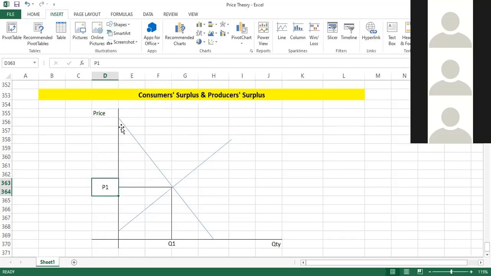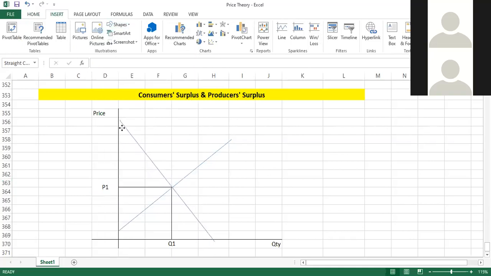So consumer surplus is there above the equilibrium price. Actually, that means this triangle, the area above the equilibrium price, is the consumer surplus.